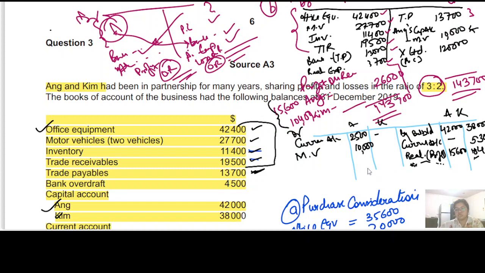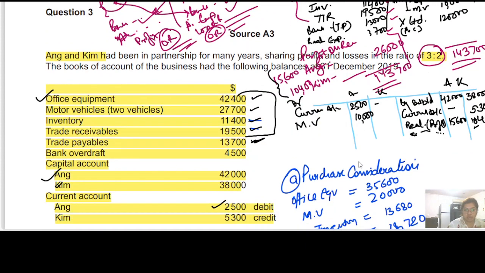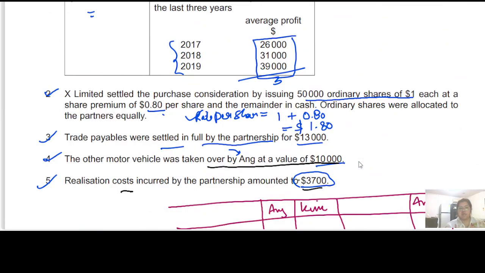Okay, so now moving forward, there is one point in the question in which X Limited settled the purchase consideration. 50,000 shares of $1 each with a premium, $1.80 per share, and the remainder in cash.